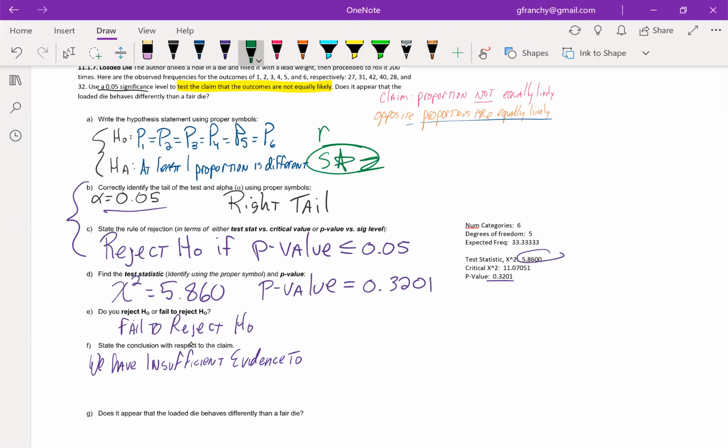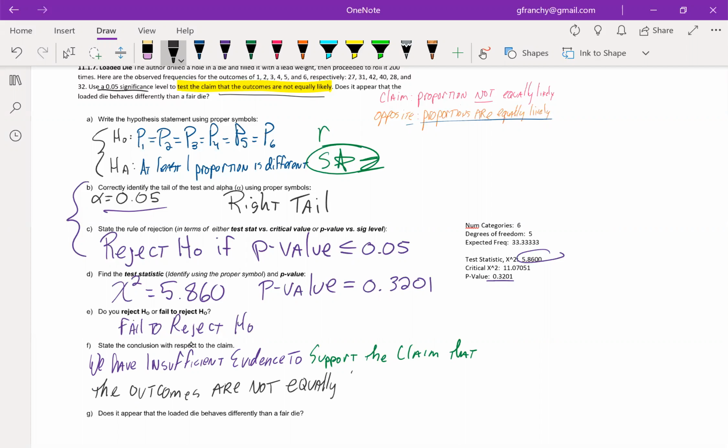Well, up here we noted it was the claim, so support the claim that, and then we just bring it back to exactly what the claim was. The outcomes are not equally likely.